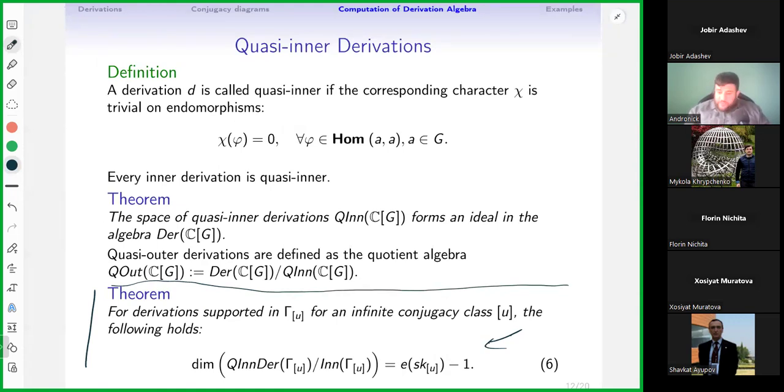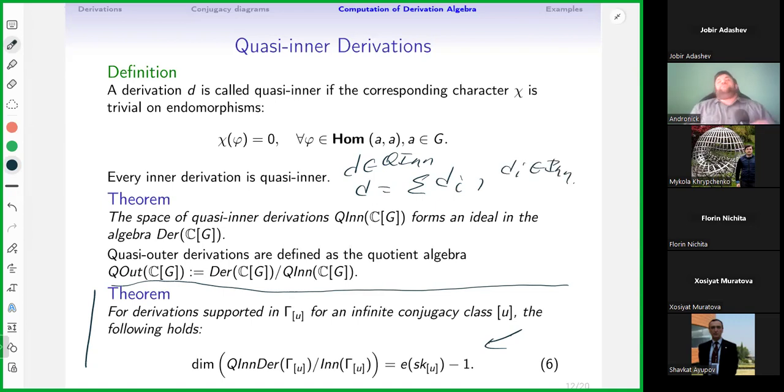That's first of all. And another question is how to find quasi-outer derivations. Because you can see that a quasi-inner derivation, what is the connection to inner derivations? If it is quasi-inner, then you can write a formal sum of D_e where D_e are inner.